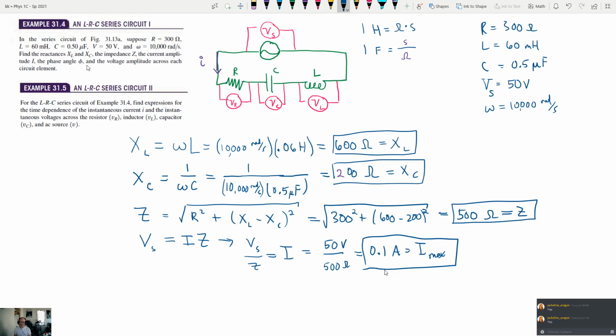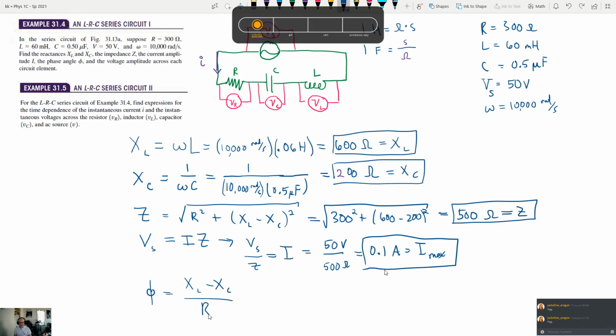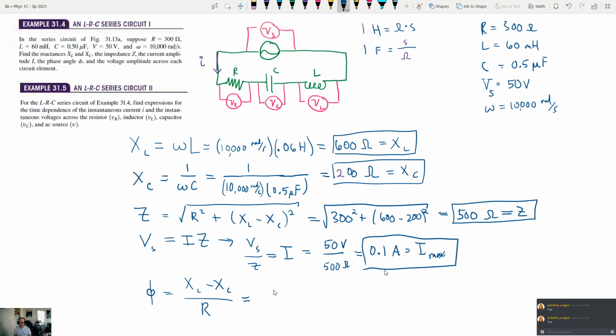All right. The voltage amplitude across. Oh, we missed one. The phase angle phi. Okay. So phi we said was equal to. There's two different ways to do it. We'll just do this method: XL minus XC divided by, no, divided by R. Sorry. So this is 600 minus 200 divided by 300, which is going to be 4/3.